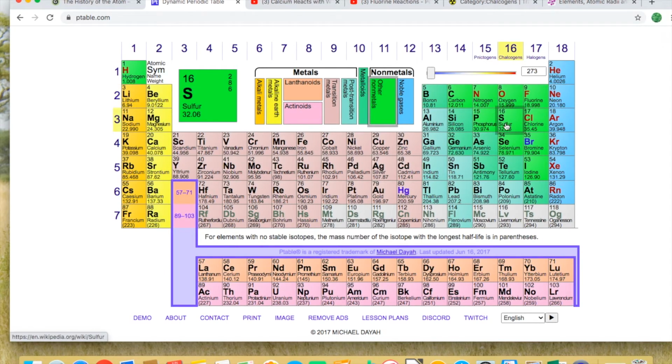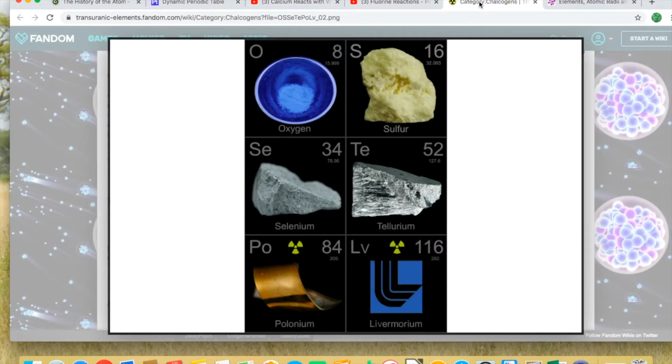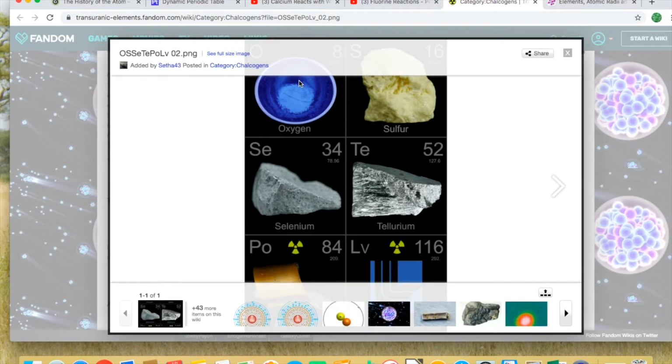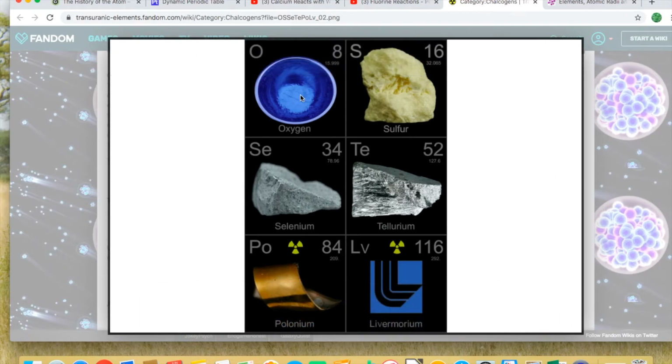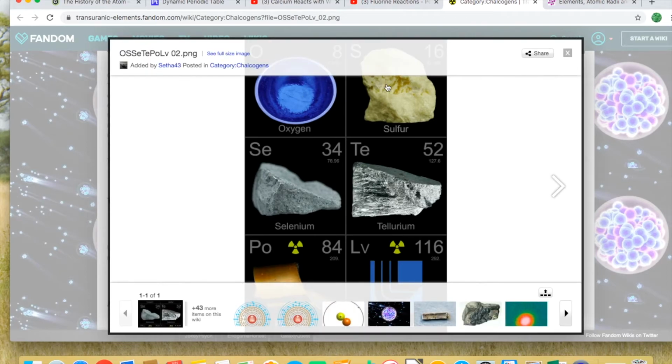If we look right here, we expect, all right, well, these are really similar. Yes, they are similar chemically to each other, but they're hardly identical. Oxygen, of course, at room temperature and pressure is a gas. Sulfur is this yellow solid.